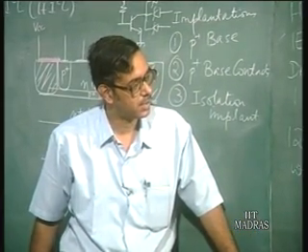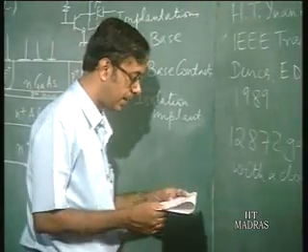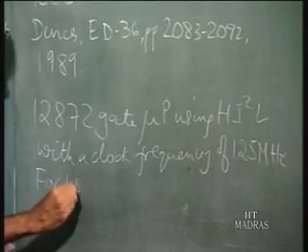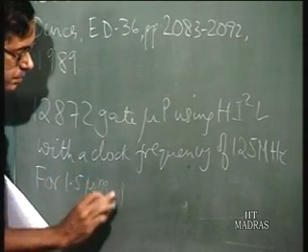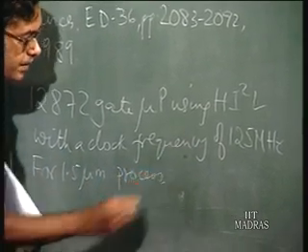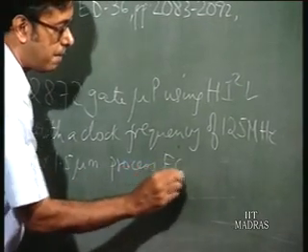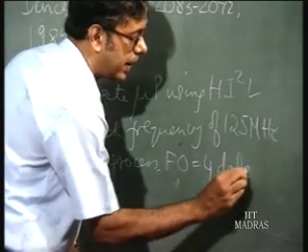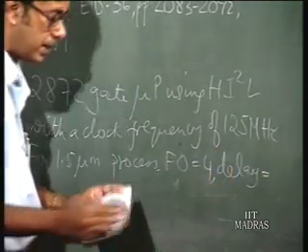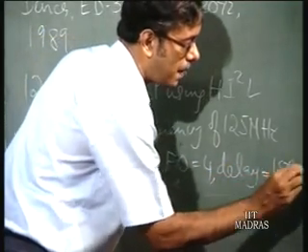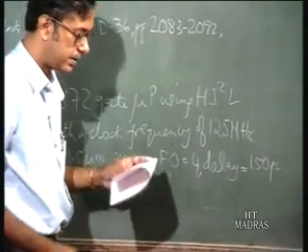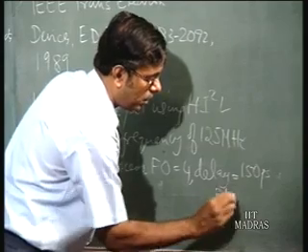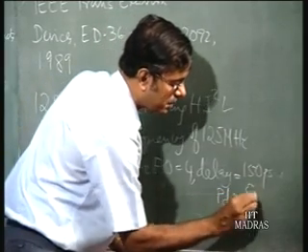So this was a high frequency, and also for the gates for a 1.5 micron process and a fan out of 4, the delay for the heterojunction I squared L was obtained as 150 picoseconds at a power dissipation of 5 milliwatts per gate.